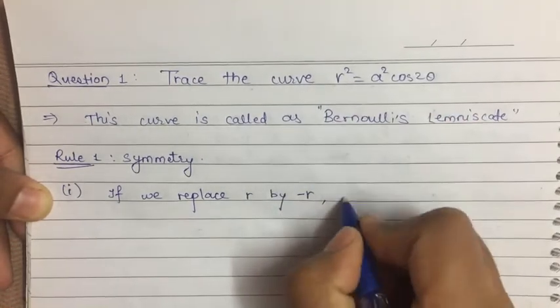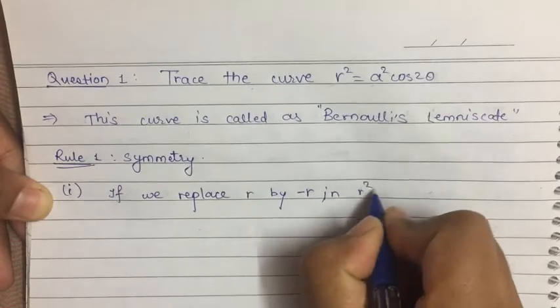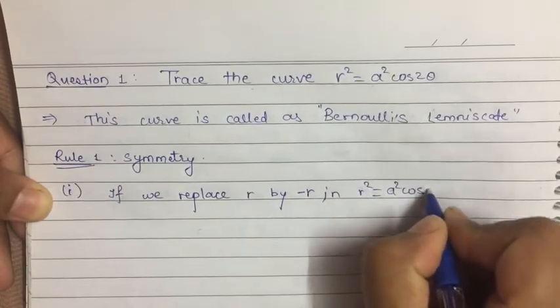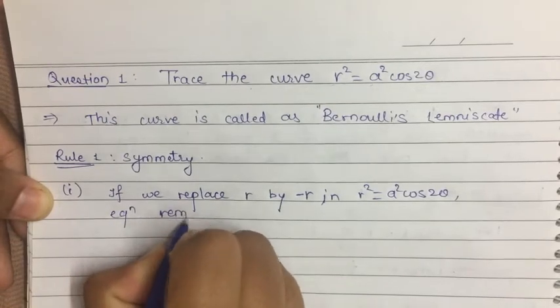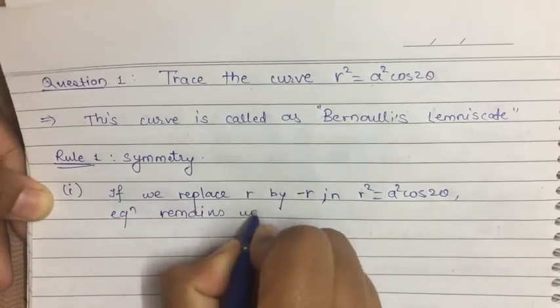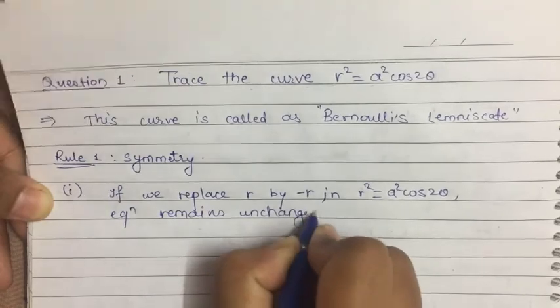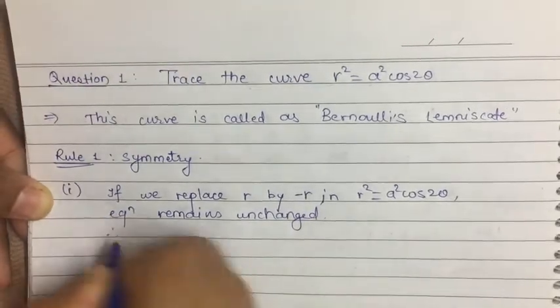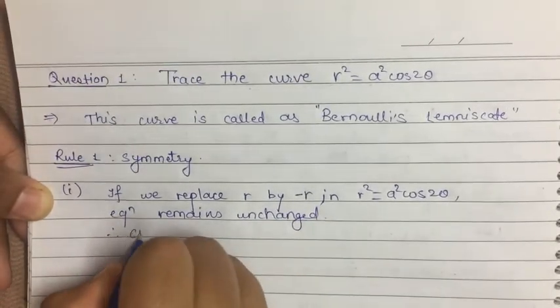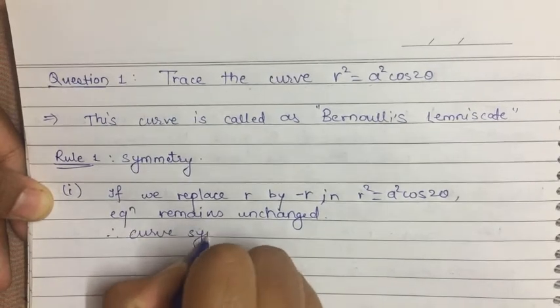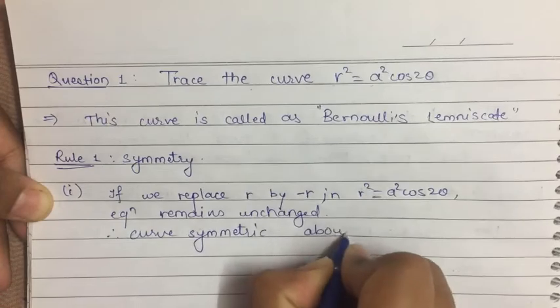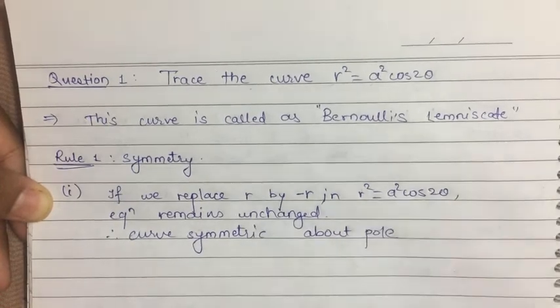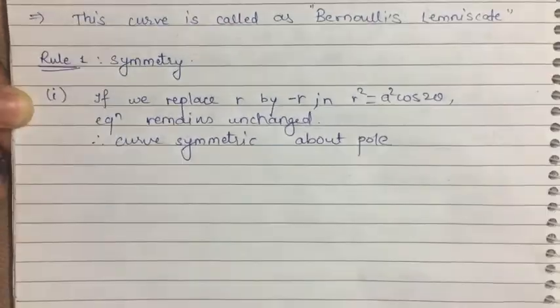So if we replace r by minus r in r square equal to a square cos 2 theta, the equation remains unchanged. Therefore, the curve is symmetric about pole.